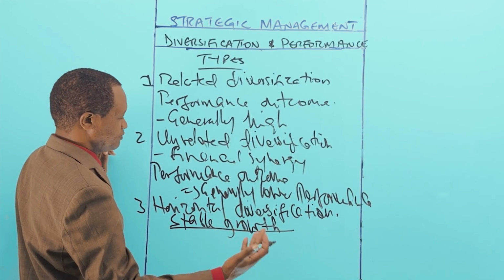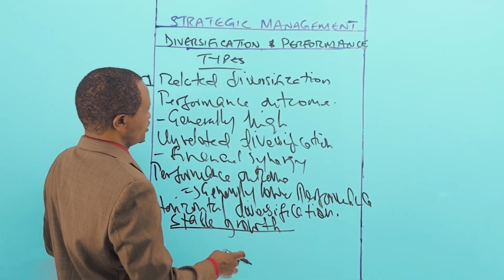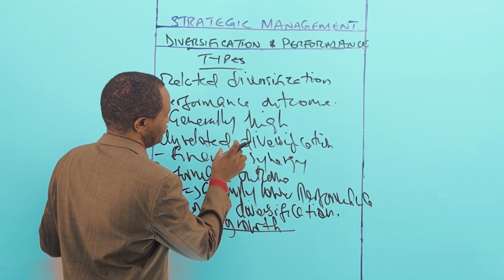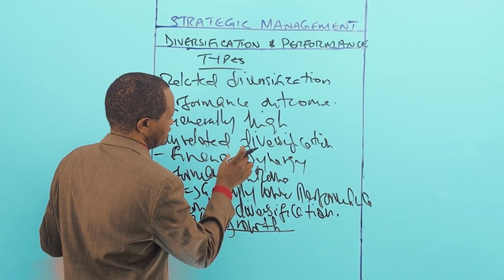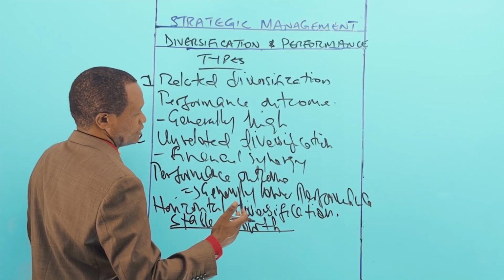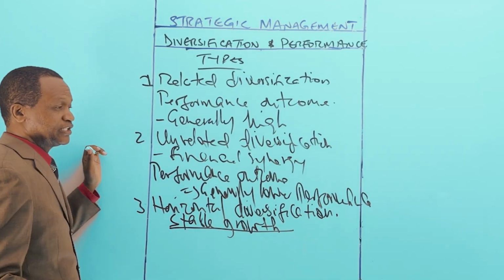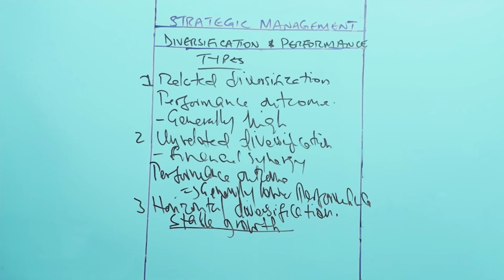So the firm will experience a stable growth, because as opposed to diversifying in a totally unrelated industry, here there is some level of commonality in terms of the current customer base. Understand?